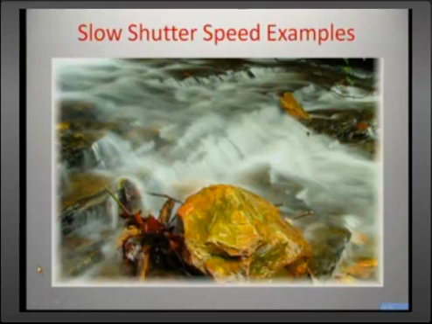The motion of the water is being recorded with a slow shutter speed and gives this cloud effect, and makes this type of photograph, I think, look much nicer than if it were done with a fast shutter speed, where we're capturing the individual water droplets, much like the surfer photograph that we saw moments ago.